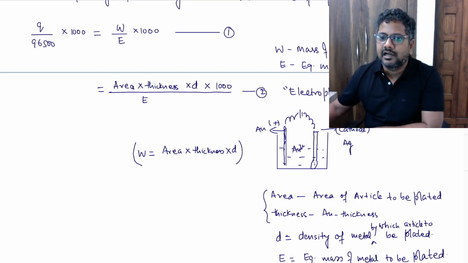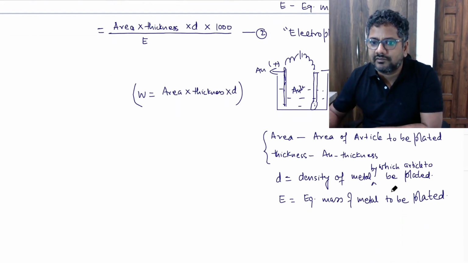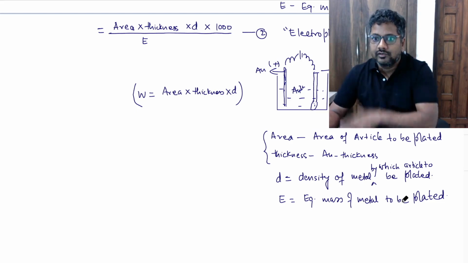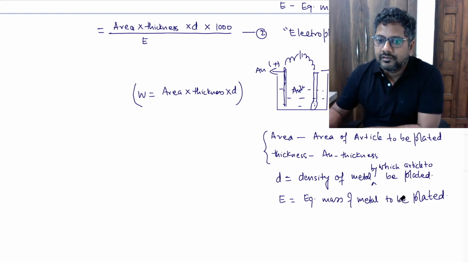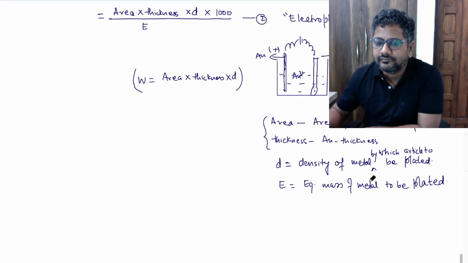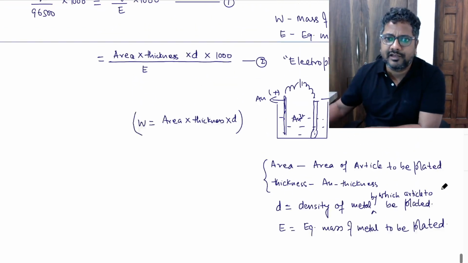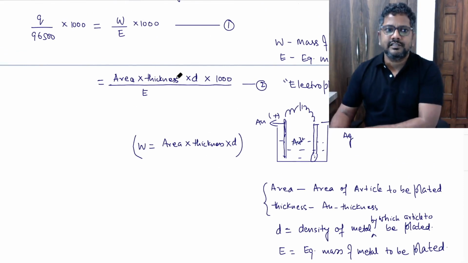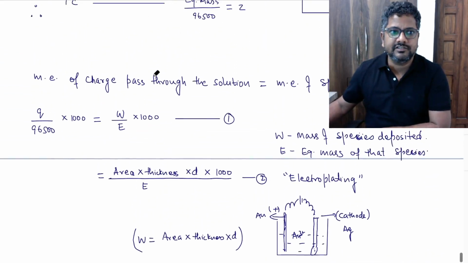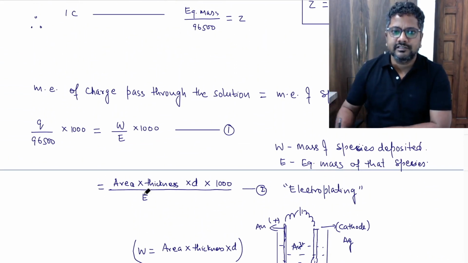And E is the equivalent mass of the metal to be plated. So this is another formula, and you will find many questions based on it. This is equation 2.